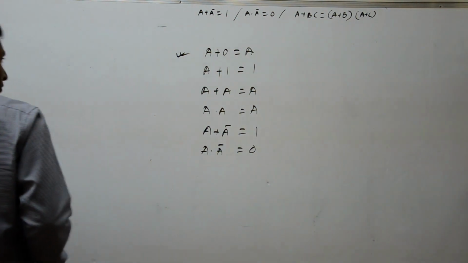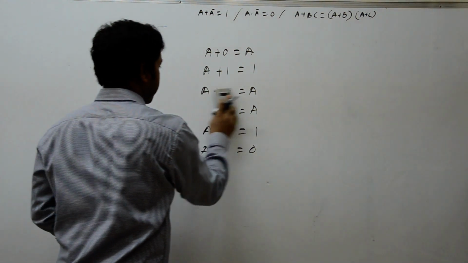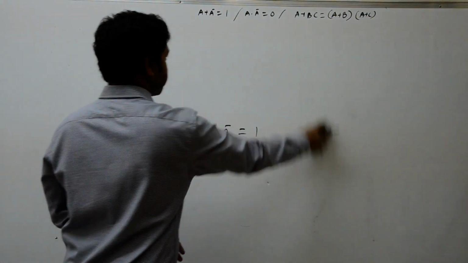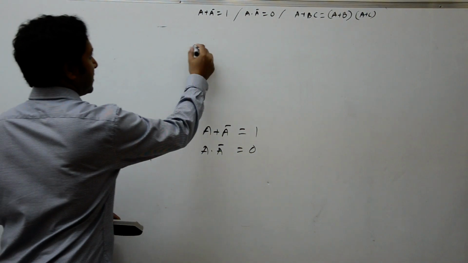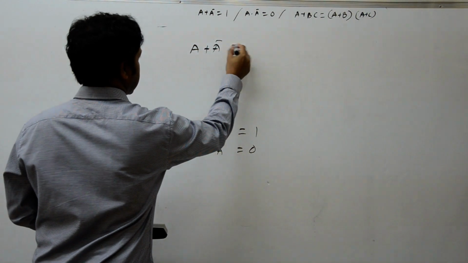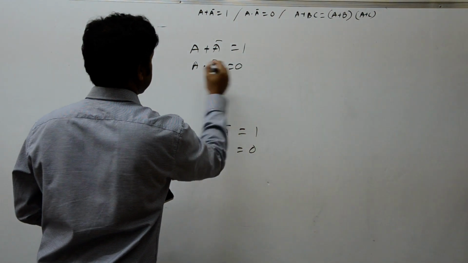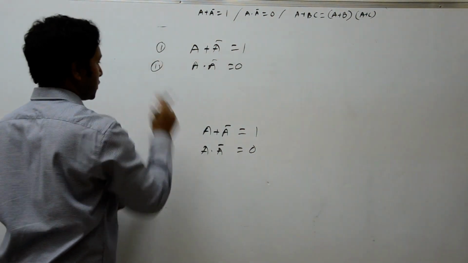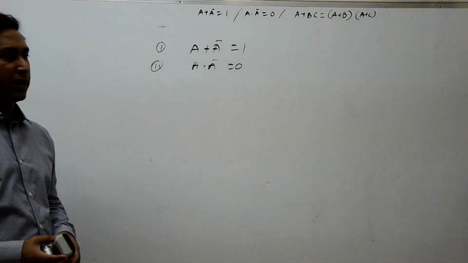Now from here, 1 or 2 we will see, like how a plus a bar is equal to 1. Again I am writing here a plus a bar is equal to 1 and a dot a bar is equal to 0. Let's say I am giving this one 1, this is 2. We will see how first one is 1.